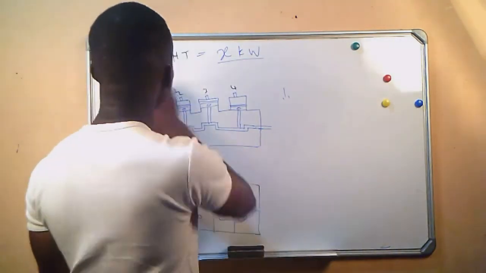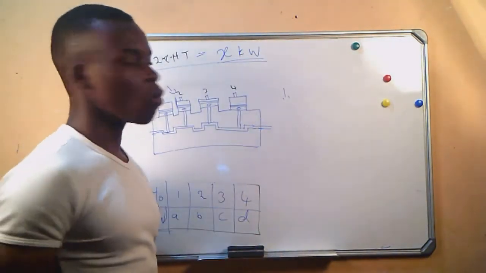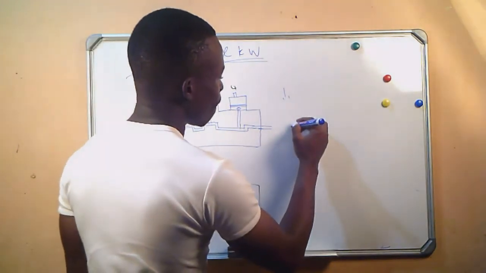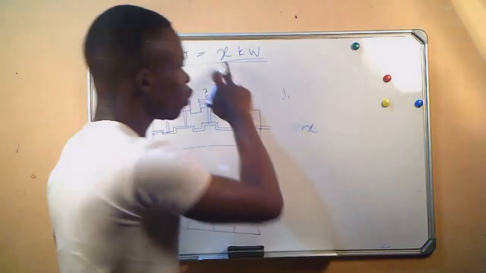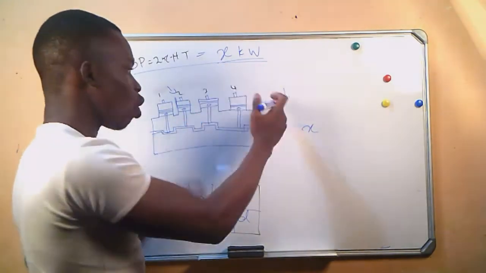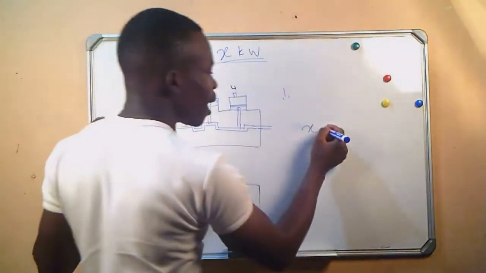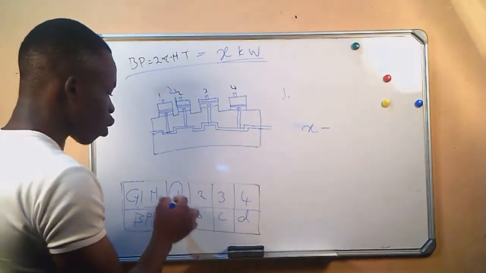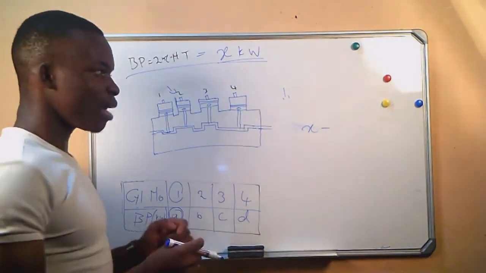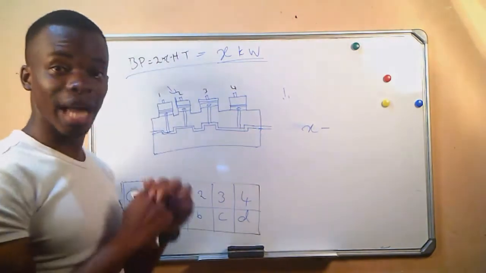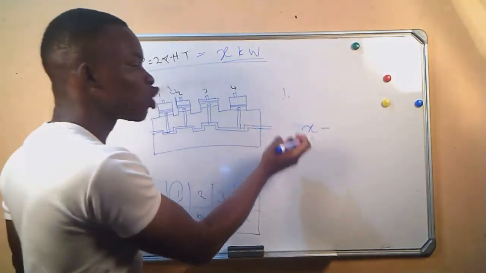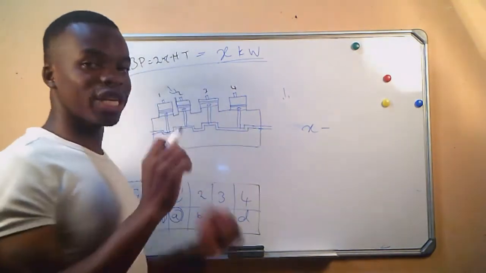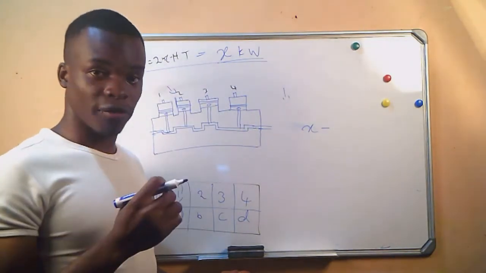Now, what we are going to do is, from our original brake power, X, which is our original brake power when all the cylinders were operating, minus the brake power that we got when cylinder number 1 was shut down, and the mass on the dynamometer reduced to get back to the original angular velocity.